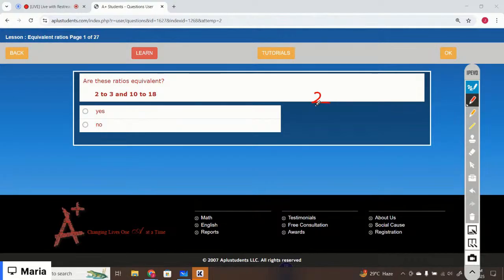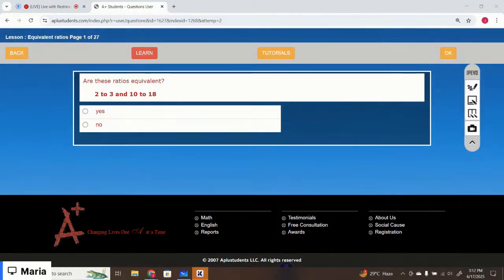So that is 2 over 3 equals 10 over 18. Just cross multiply them: 18 times 2 and 10 times 3. 18 times 2 is 36 and 10 times 3 is 30. So they are not equal. The correct option is this.